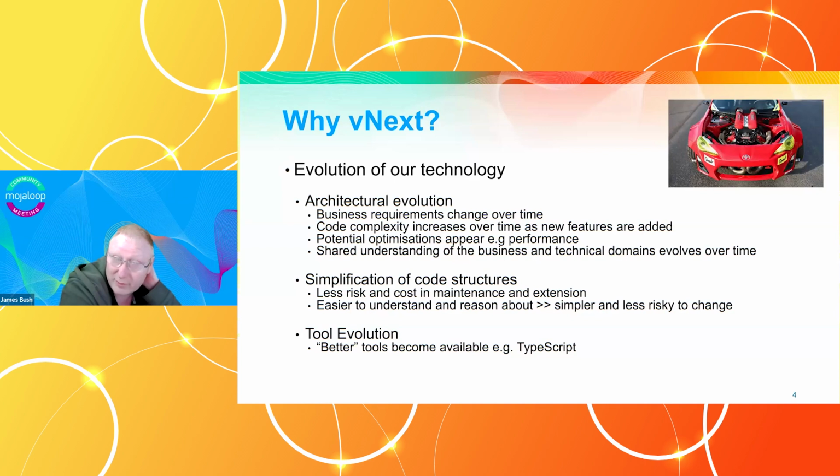Some around performance, for example, you may spot a more efficient way of achieving the same outcome. More efficient algorithms might suddenly become apparent. But also, as I said already, that shared understanding of the business and technical domains tends to evolve over time. And as that happens, it makes sense to rethink the way your software is structured.